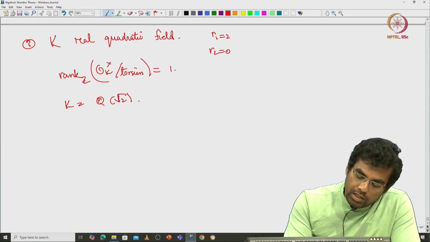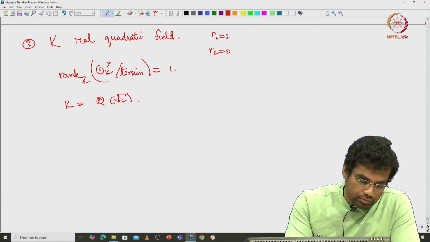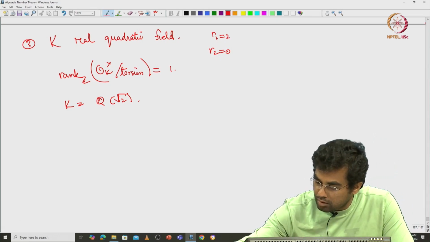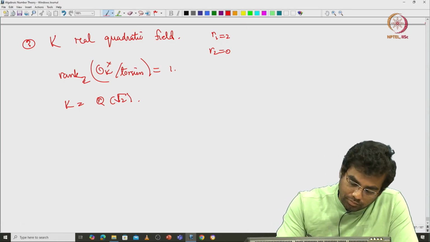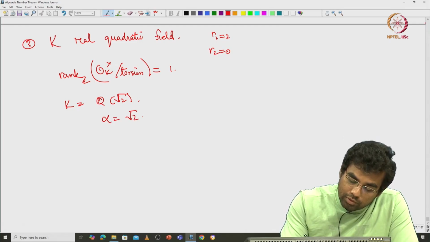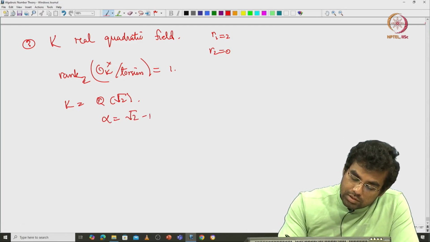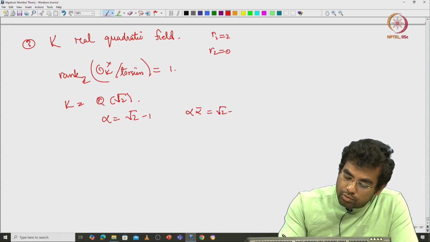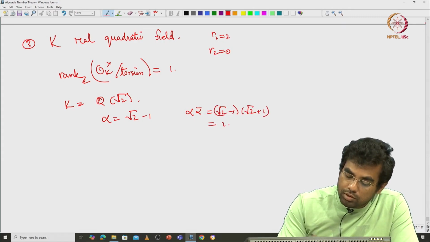In this field we can take α to be √2 − 1, and you can see that α times ᾱ, which is (√2 − 1)(√2 + 1), is equal to 1.